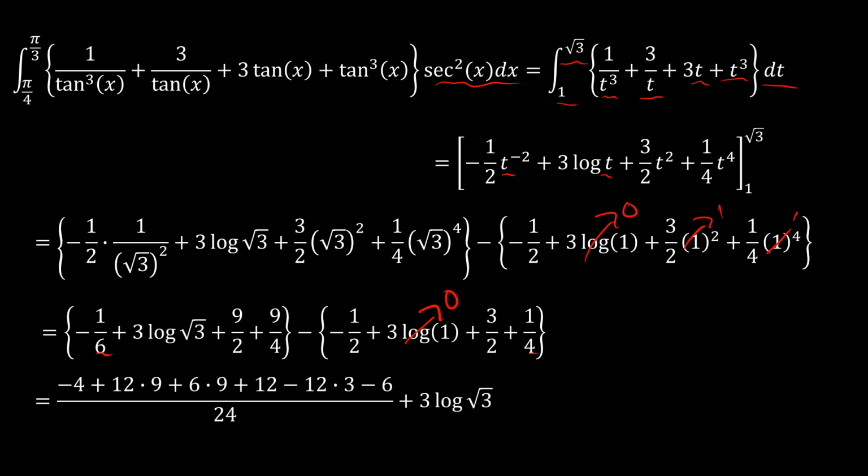And then here 24 divided by 2 is 12. Negative negative becomes positive, plus 12. And minus 24 divided by 2 times 3, that is 12 times 3, minus 24 divided by 4 is 6, minus 6. And then this part here just remains like that.